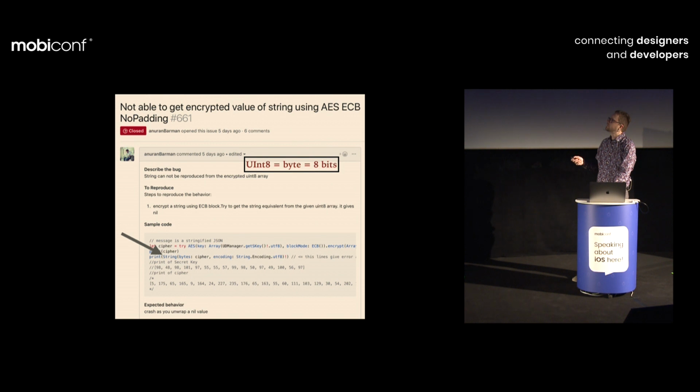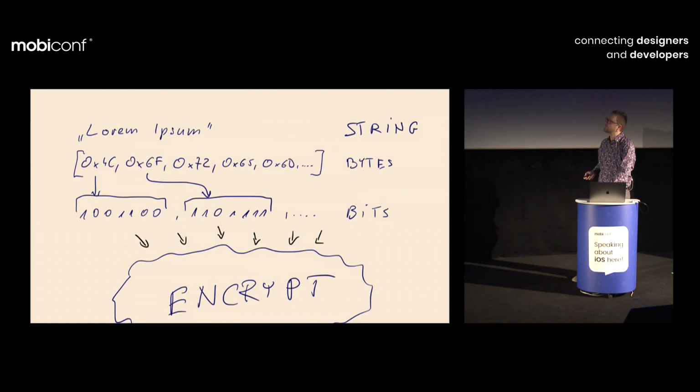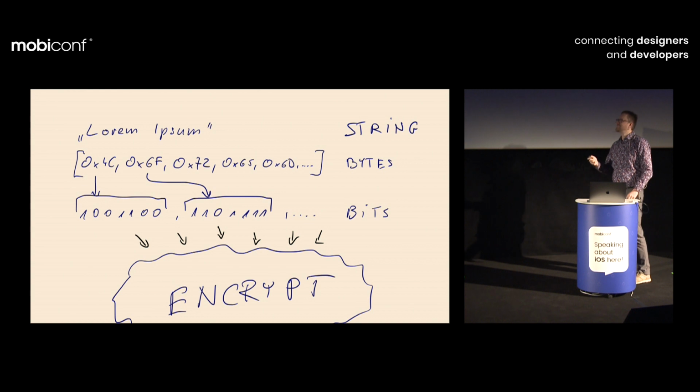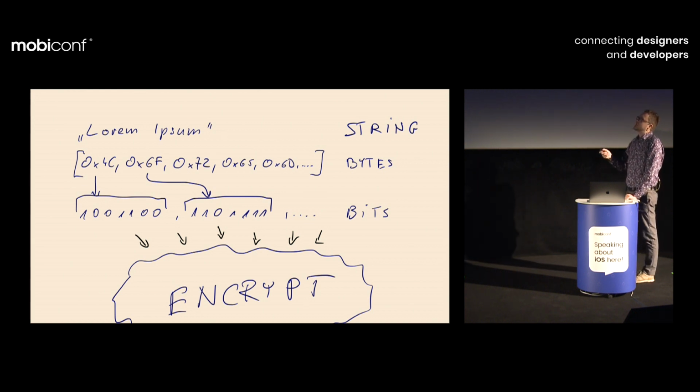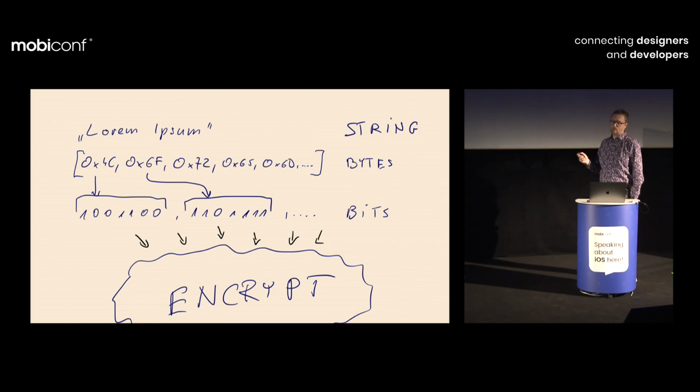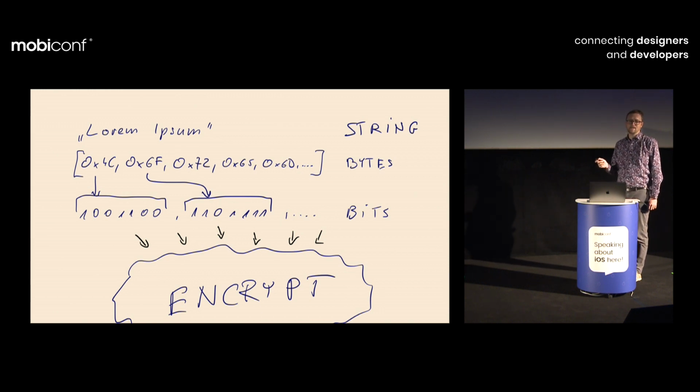To show what's going on, I drew a diagram for you. I have an iPad and this pencil, and I like to draw, so everything is drawn. Let's say we have a message, lorem ipsum. It's a string, so this is something we want to encrypt. This message can be represented as a sequence of bytes, and each byte can be represented as bits.